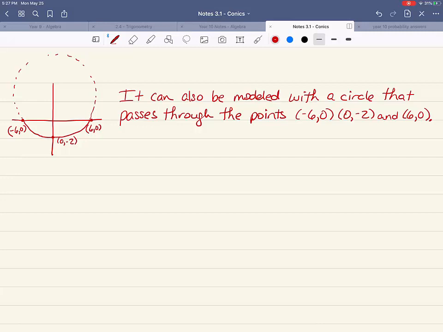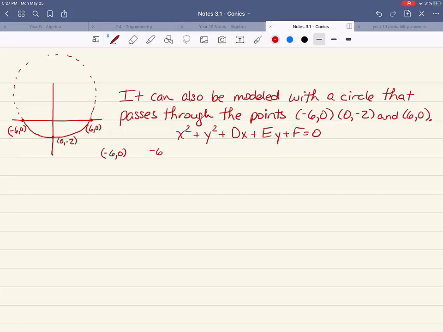So first of all, remember that we take the 3 points and we plug them into the generic formula for the circle, which is x squared plus y squared plus dx plus ey plus f equals 0. Do you remember that? Hopefully you do. So we'll start with the -6, 0.